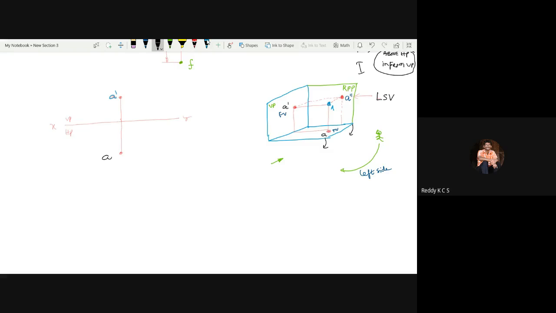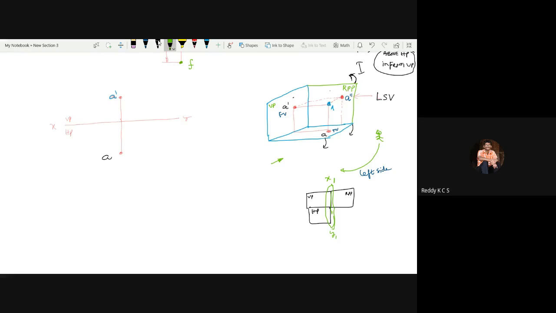Similarly, the right profile plane is also to be rotated in such a way that all three planes will be in the same plane. It has to be rotated in this direction, so the vertical plane and right profile plane sit side by side like this, with the horizontal plane when it is opened. Remove these boxes, and you get this line, which is called the new reference line x1 y1.